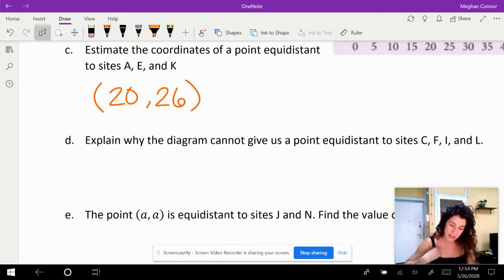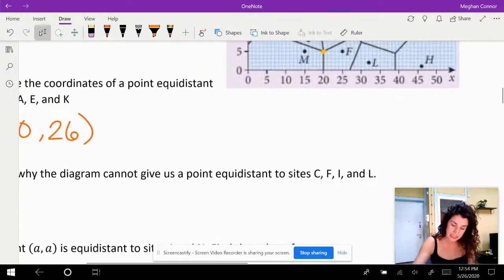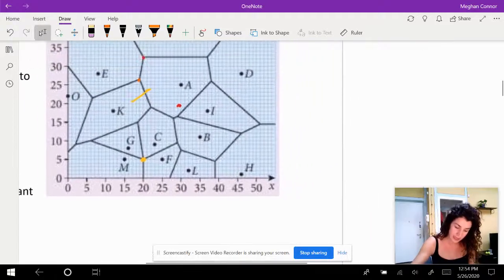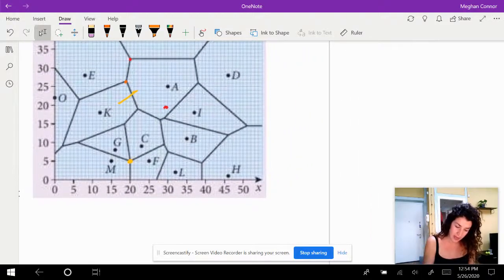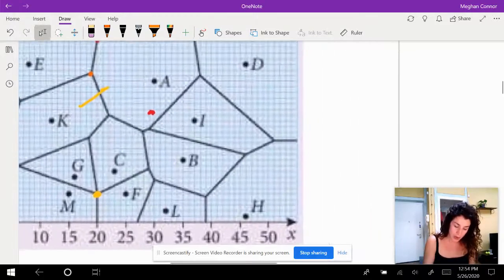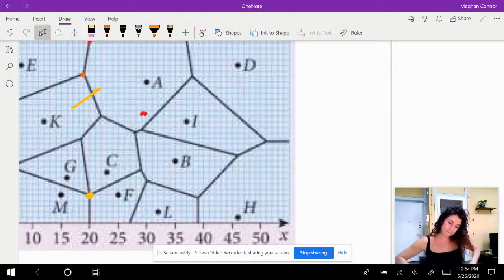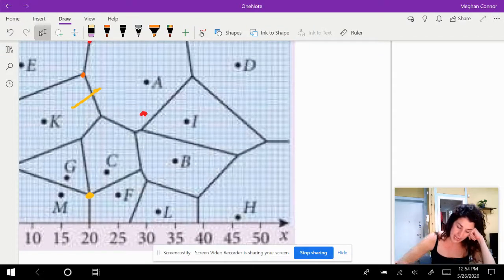Explain why the diagram cannot give us a point equidistant to site C, F, I, and L. So the reason why this diagram cannot give us a place that is equidistant from all 4 of those points.